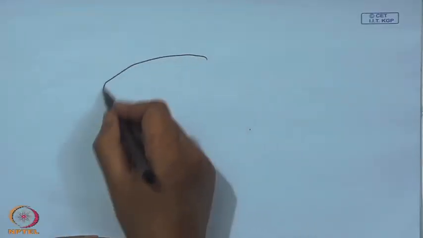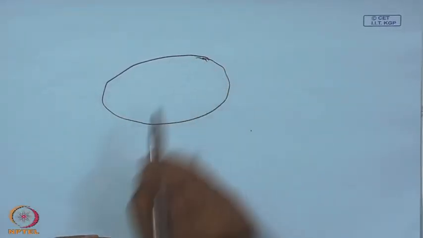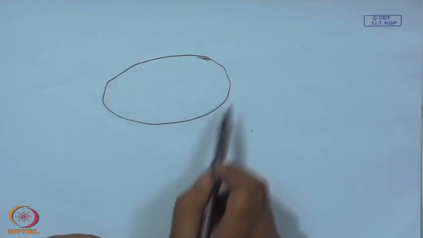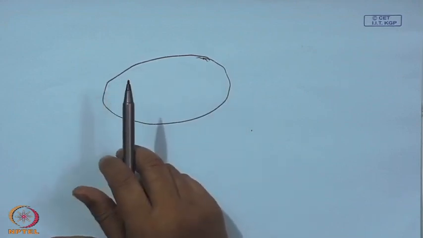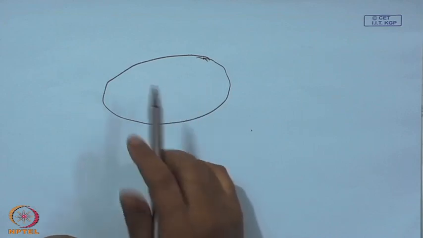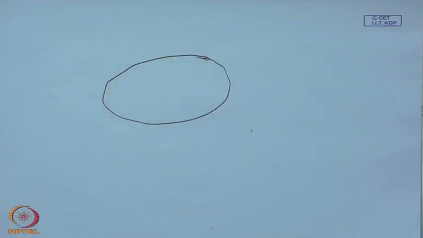This depends on the total surface area of the enclosing surface. Let us consider as an example that this is an enclosing volume. Then the surface forces acting on this element simply depend on the surface area of this enclosure.